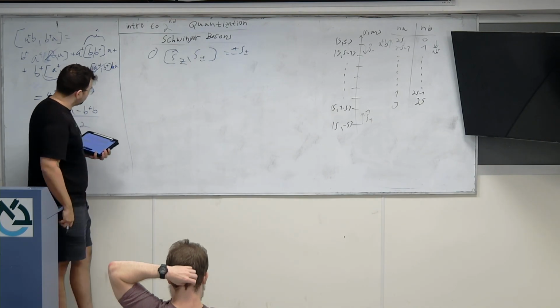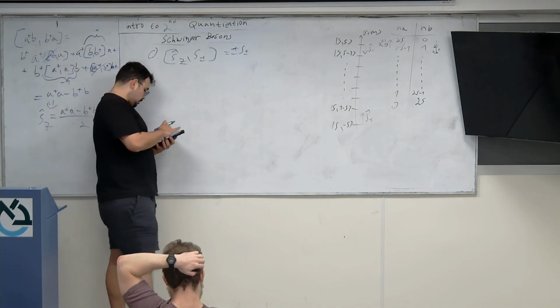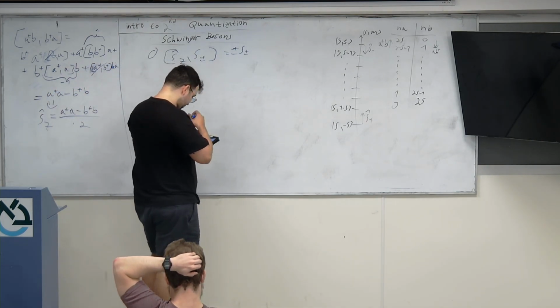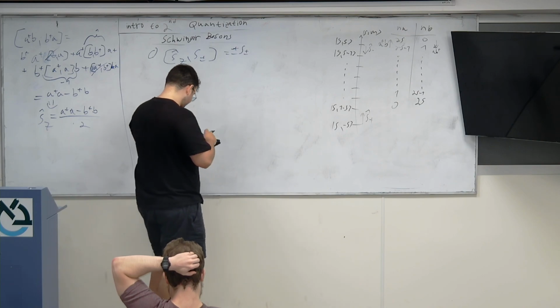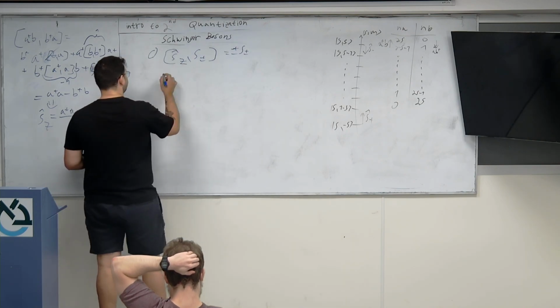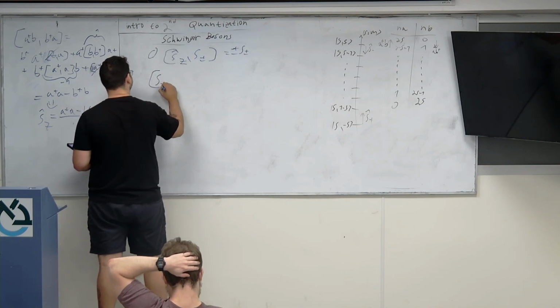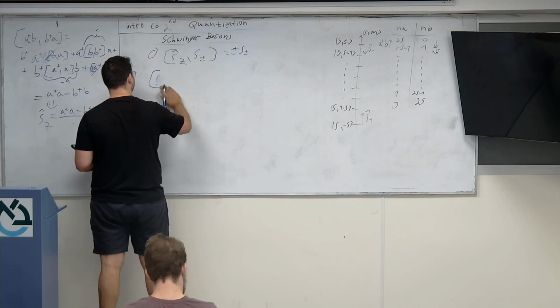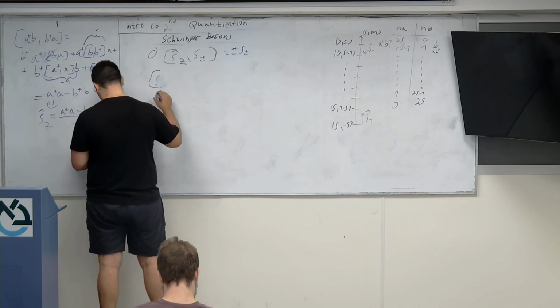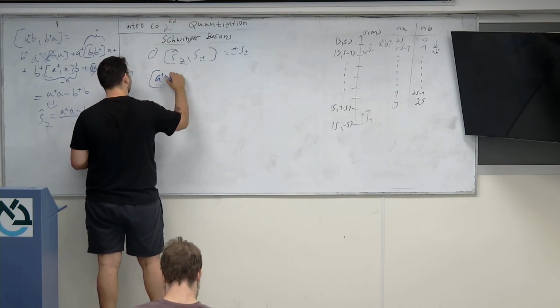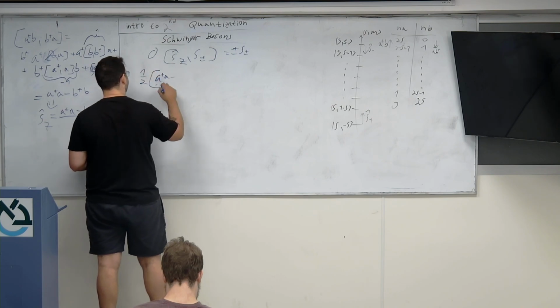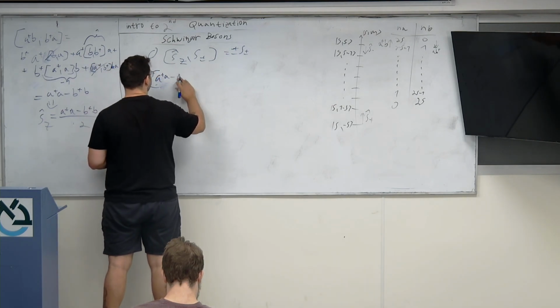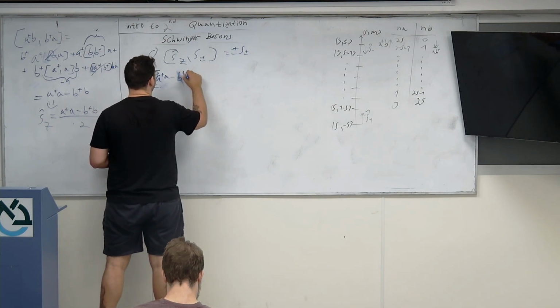And this is just a test for consistency. So let's open this up. This will be A dagger A minus 1/2 A dagger A, B dagger B.